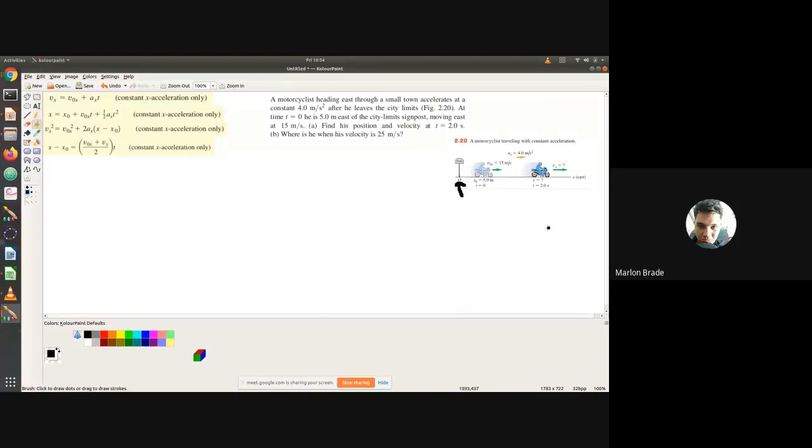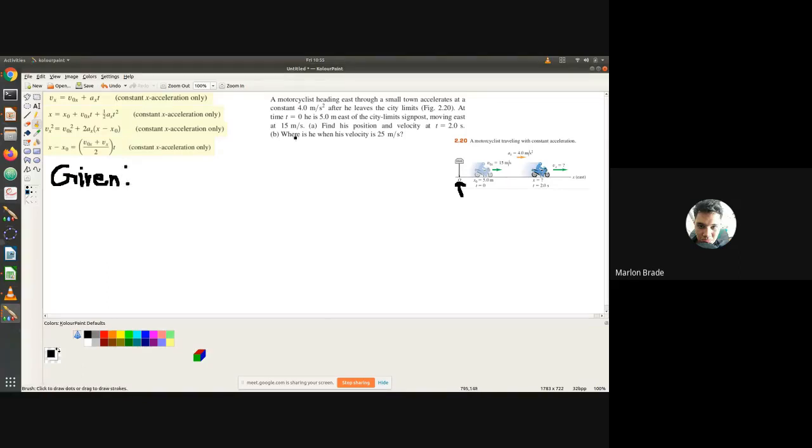So ang karon ang question is, a motorcyclist heading east small town accelerates at a constant 4.0 meter per second squared. Timanin ninyo ha nga magamit ra nato ni ang kinematics nga equation kung ang imong acceleration is constant. Okay? So, first atong buhaton, kung mag-solve problem, magsulat og given.